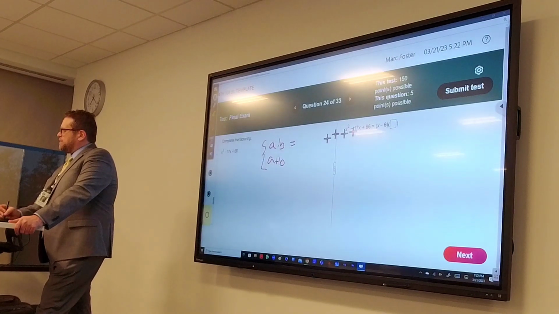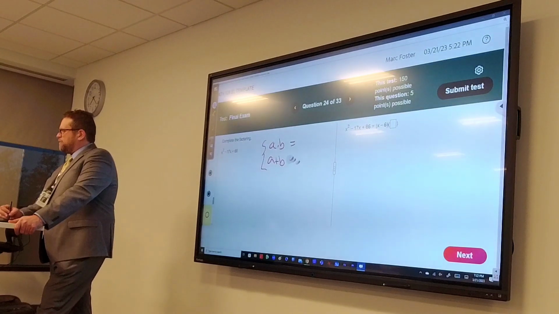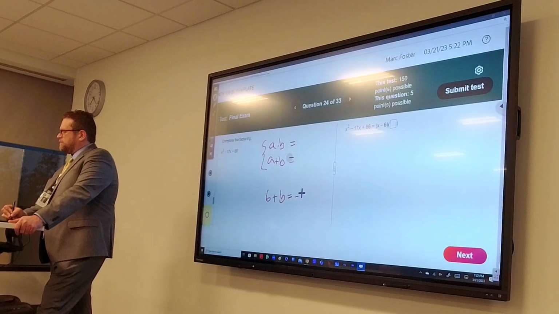And they even give us a hint here. One of those numbers is going to be 6. Right? This thing is half factored for us. So 6 plus b should be a minus 17.